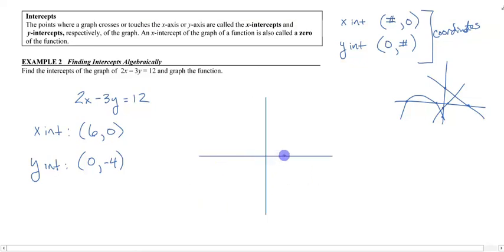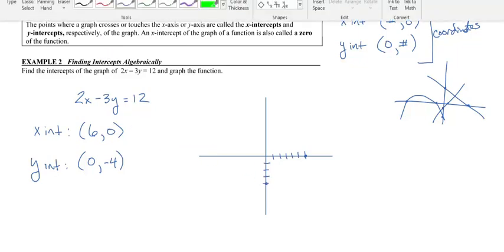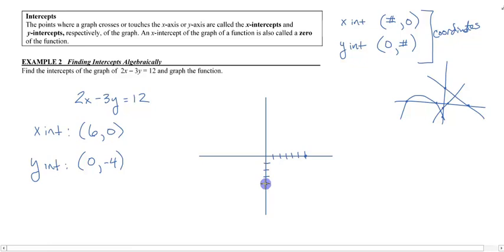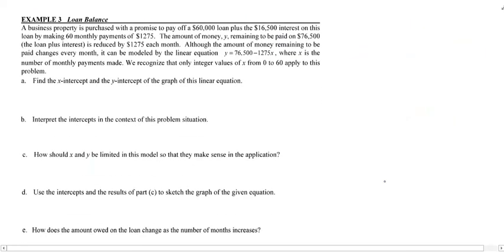So we have (6, 0) and (0, -4), and then we go ahead and go through those 2 points that we've made, and make sure you put arrows on the ends that shows that it goes from -infinity to +infinity. That's it.